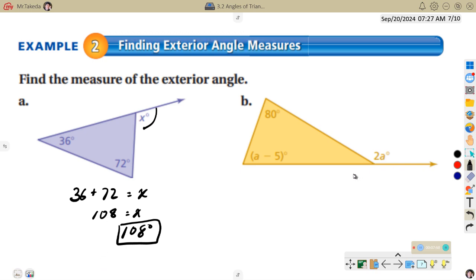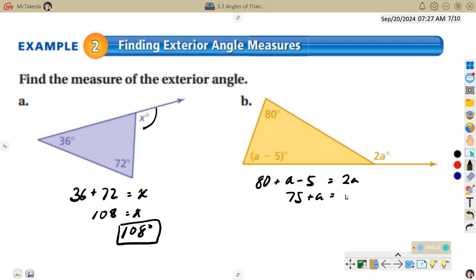For the second example, it's going to set up basically the same, but solving the equation is going to have an extra couple of steps in it. So the two non-adjacent angles here would be 80 degrees plus a minus 5. And that's going to be equal to 2a. So simplifying the left side here, 80 minus 5 is 75.